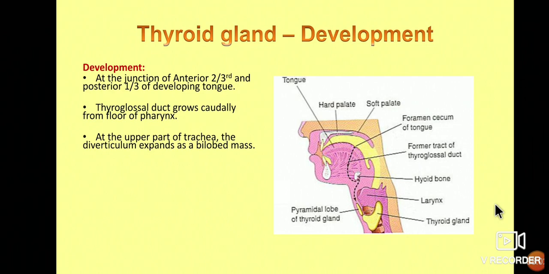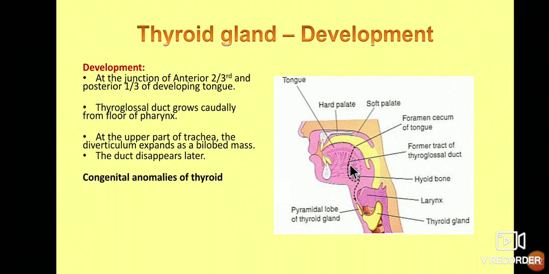The upper part where the duct was attached initially is the foramen cecum of the tongue, and the duct completely disappears. If at all it is present, the lowermost end is the pyramidal lobe, which we come across occasionally.